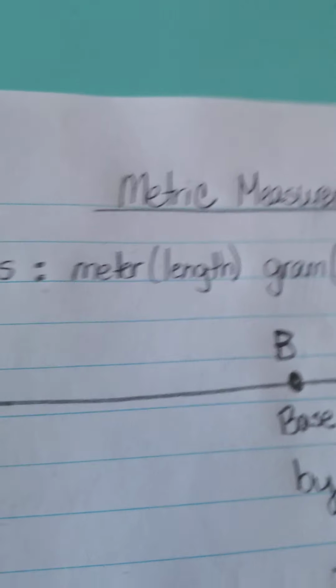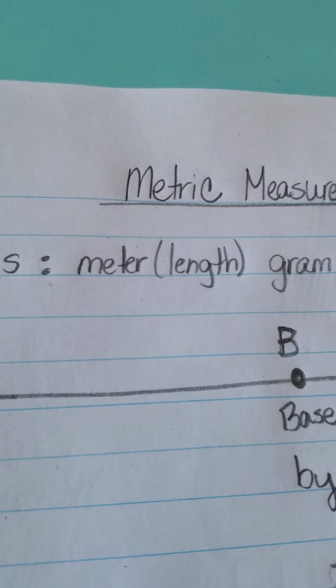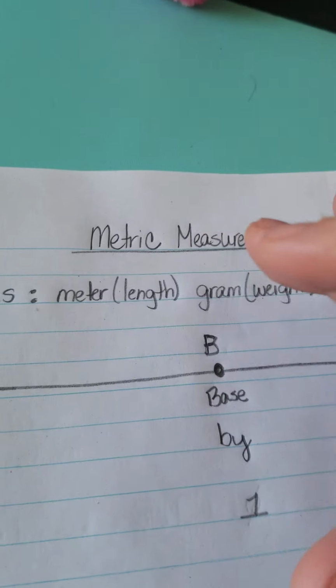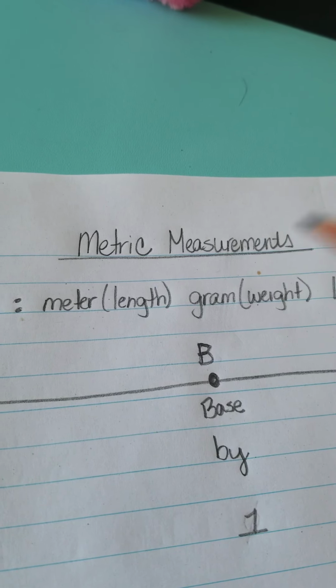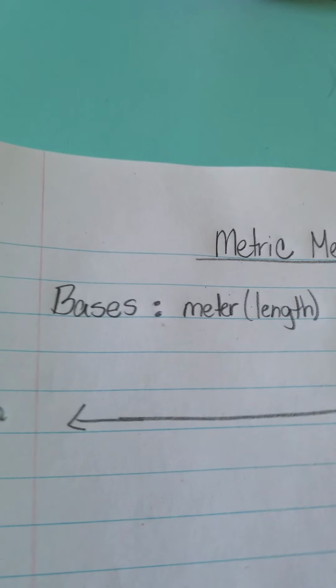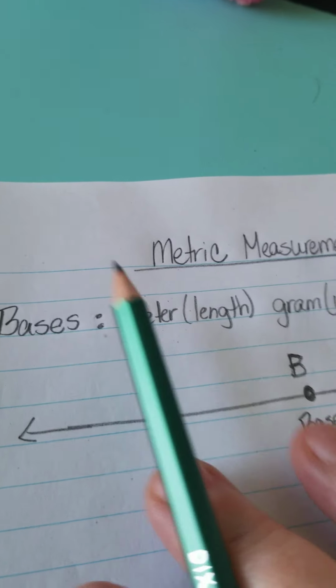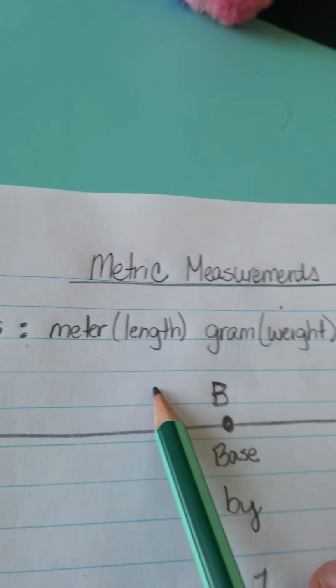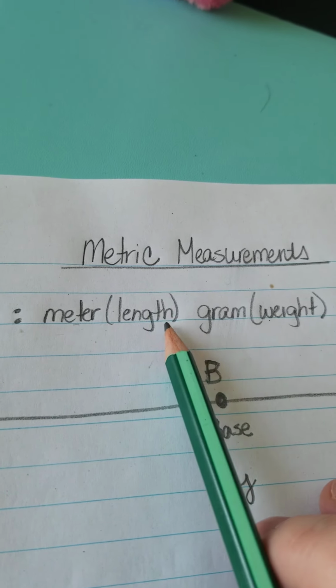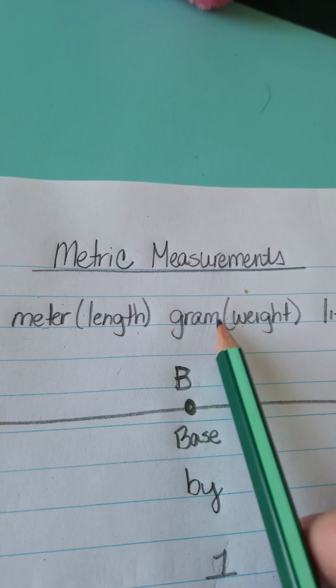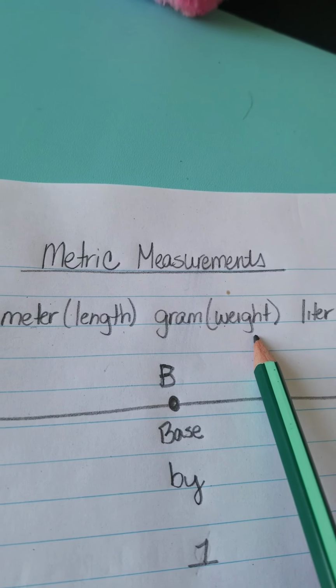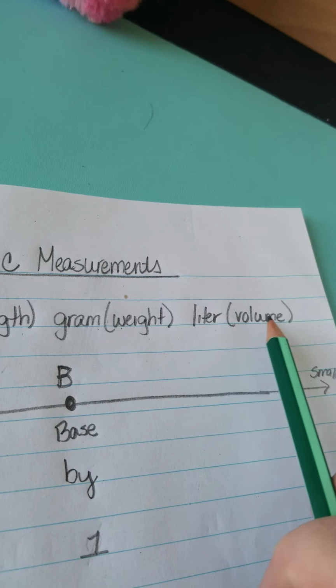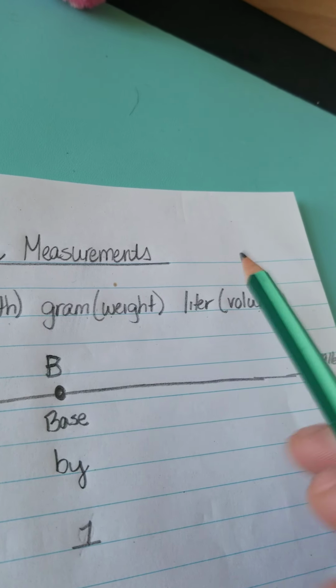So, metric measurement is based on, and it focuses on a base unit. All right. So your base units for metric measurement are meter, if you're measuring length, gram, if you're measuring weight, liter, if you're measuring volume, okay, liquid.